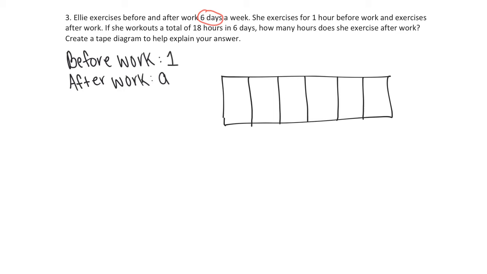All these boxes stand for 1 day. So we have day 1, day 2, day 3, day 4, day 5, and day 6. And out of these 6 days, she works out for a total of 18 hours.